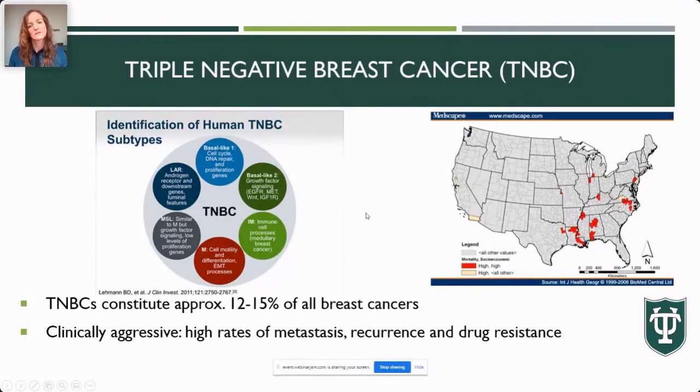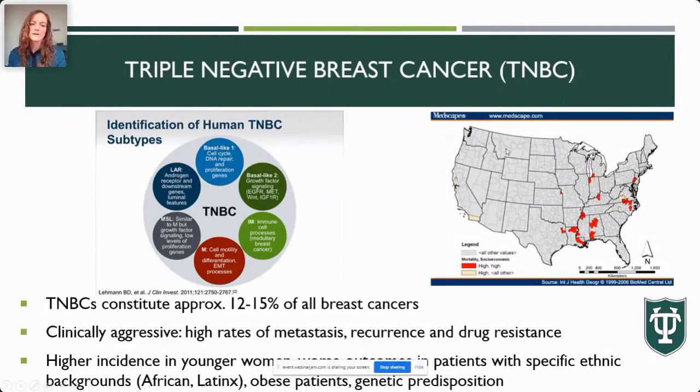TNBC itself is clinically aggressive with high rates of metastasis, recurrence, and drug resistance. And there's a higher incidence in younger women. And there are worse outcomes in patients with specific ethnic backgrounds, such as African ancestry and Latinx populations. There's an increased risk in obese patients, and there's a genetic predisposition for TNBC.